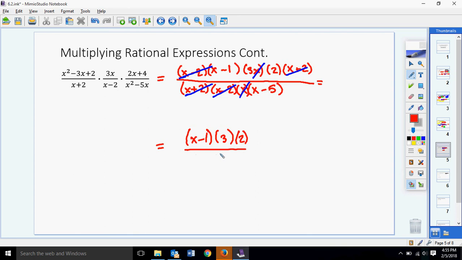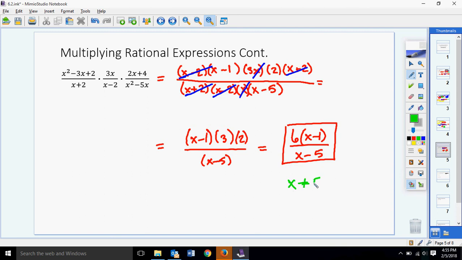The denominator, I'm left with an x minus 5. Remember, I can multiply numbers. So this would simplify to 6 x minus 1 over x minus 5. Domain on this one, x cannot equal 5, 0, 2, or -2.